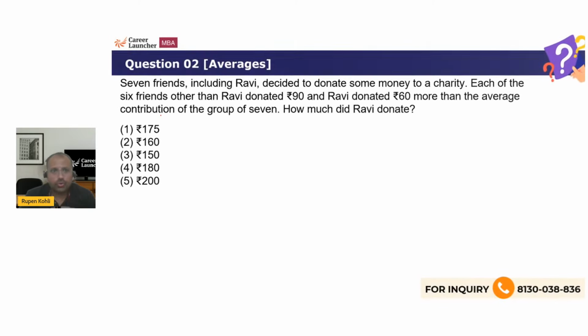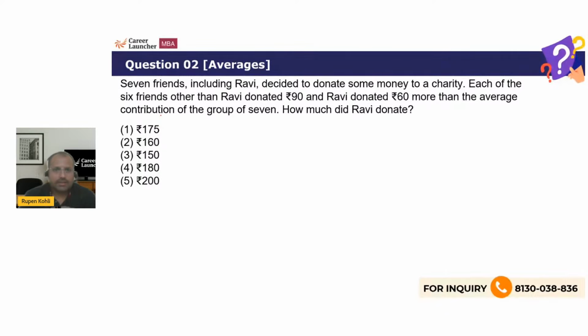So now something on averages. All right. So average, the only concept is average is defined as sum of values over number of values. That's all. You have to just follow that definition, nothing else, right? So 7 friends, including Ravi. So they decided to donate some money to a charity.